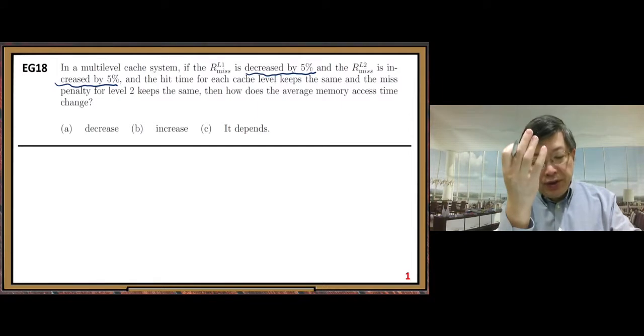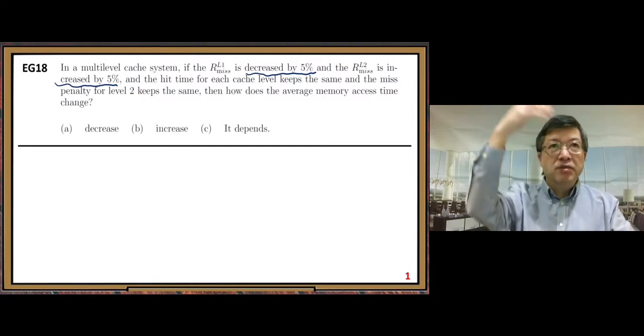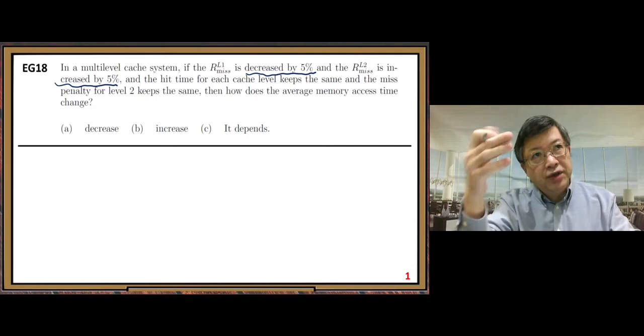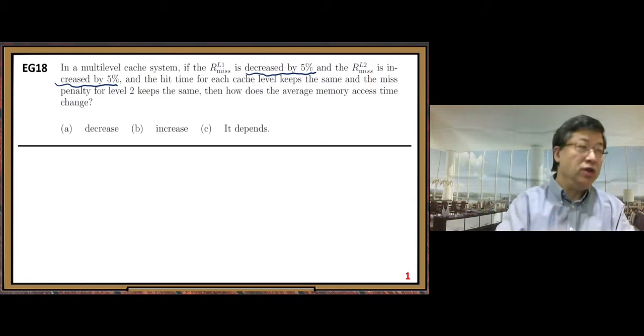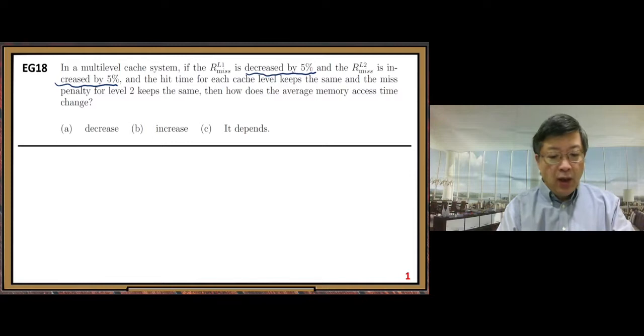Increased, decreased, or sometimes increasing, sometimes decreasing, we cannot decide which one, always true? So that's C, it depends.